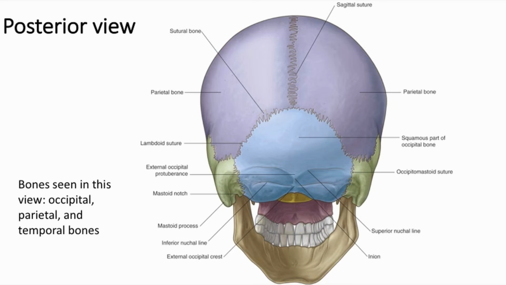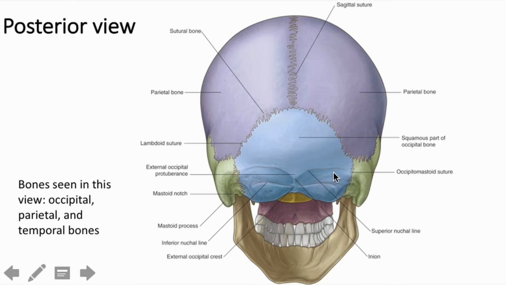There's a few bony landmarks we want to take note of on the occipital bone. We have the midline projection, which is the external occipital protuberance, which is right in here, which you can see right in this area. And if you feel on the back of your head, you can feel that landmark.